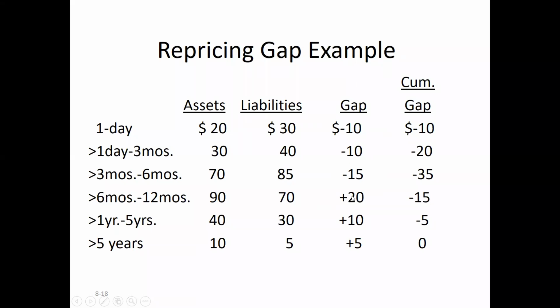However, we said let's have everything until 1 year, everything until this point. How are we going to calculate? We're just going to sum everything, accumulating all the gaps. We come up with minus 15 million.